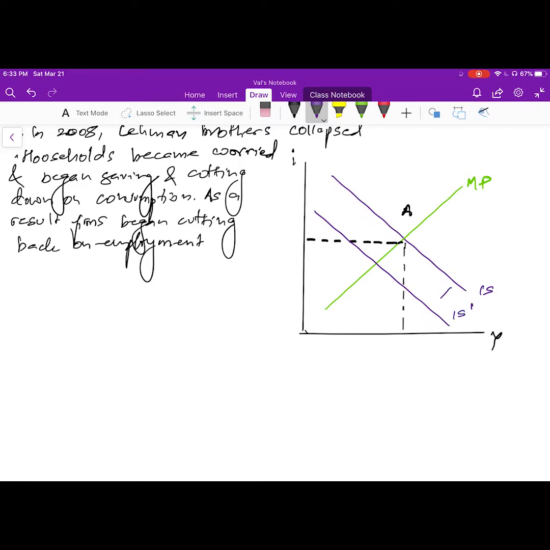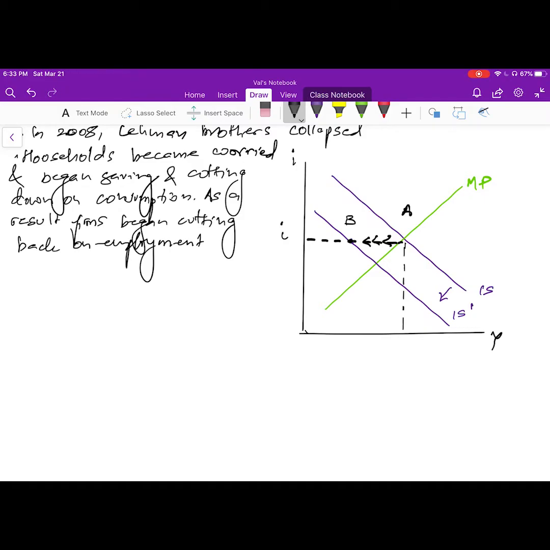So the IS curve shifted to the left to IS prime, and as a result, output decreased, and now we're at point B. So the interest rate remains unchanged, the output decreased, and you're at point B.